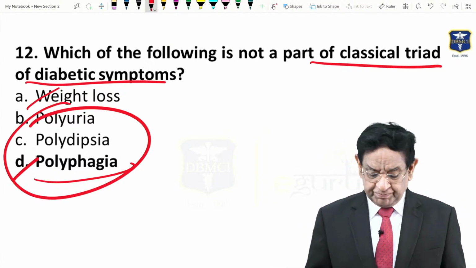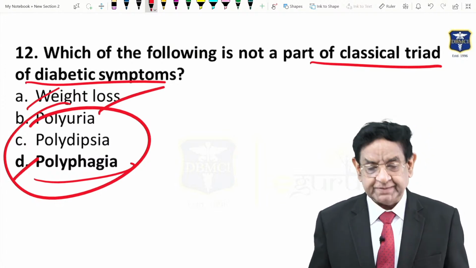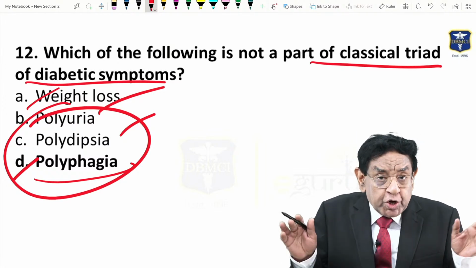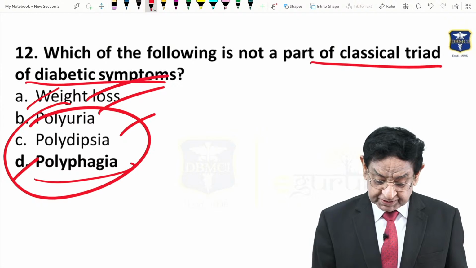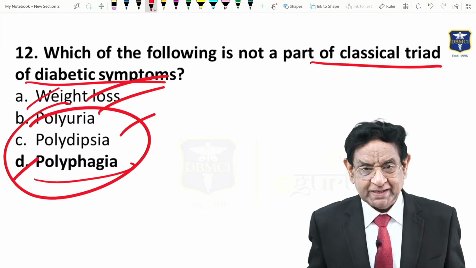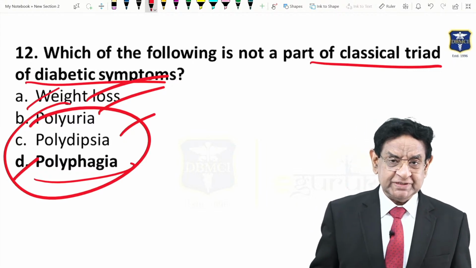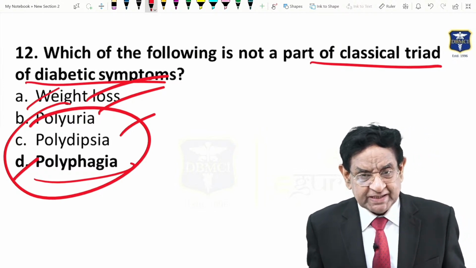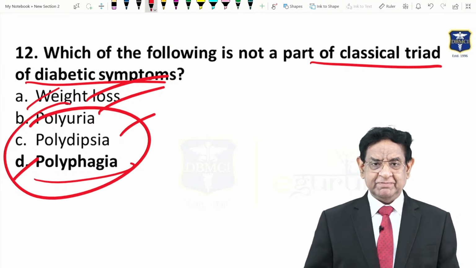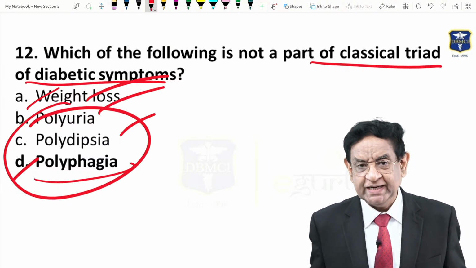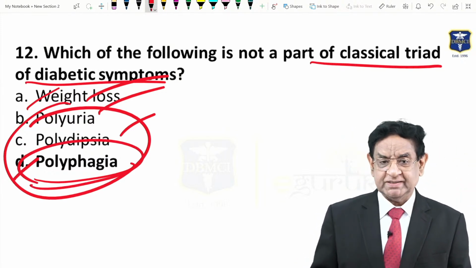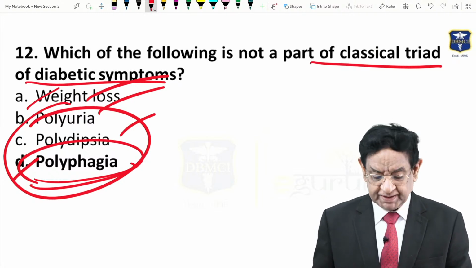Diabetes is a condition where we have polyuria, excess of thirst, so-called polydipsia, and unusual weight loss. Even Munna Bhai knows the classical triad is polyuria, polydipsia, and weight loss. So next time when you see this movie, when the scene comes, you will definitely be thinking about me and Dr. Bhatia talking about diabetic symptoms. The classical triad is polyuria, polydipsia, and weight loss. Polyphagia is a feature of diabetes, but it's not a classical diabetic symptom.